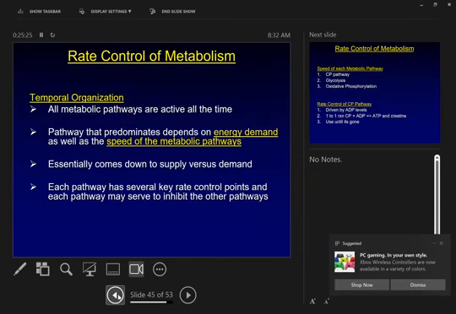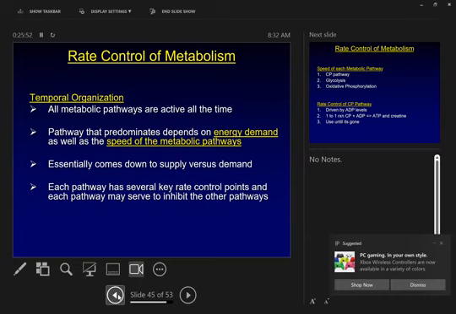All right. So for the last few slides, we're going to talk about how we control the rate of metabolism. Remember, all of your energy pathways are active all the time.